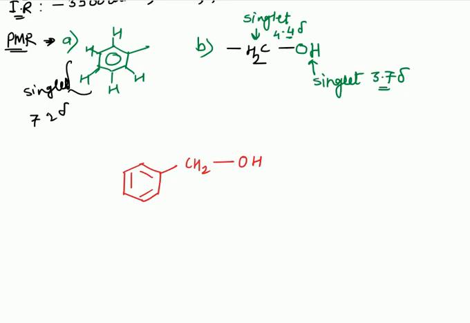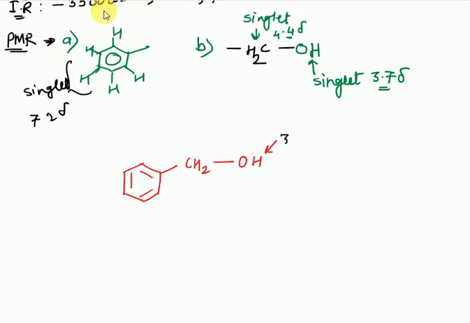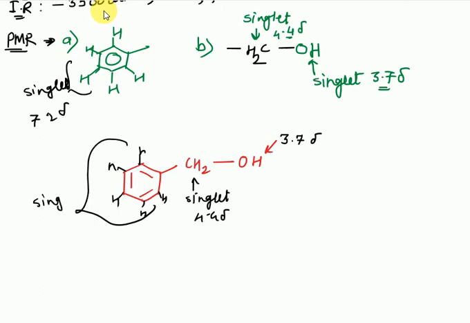If we match the spectroscopic data, this hydrogen shows a singlet at 3.7 delta value, these 2 hydrogens again show a singlet at 4.4 delta value, and the remaining benzene hydrogens also show a singlet at 7.2 delta value.